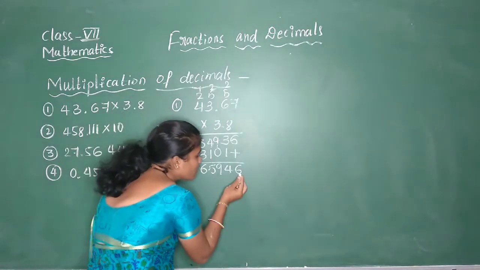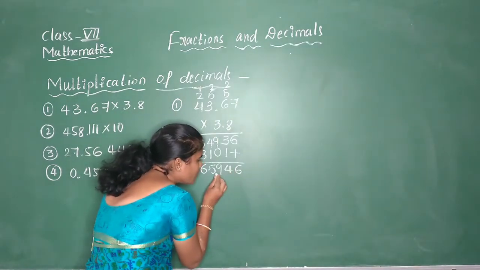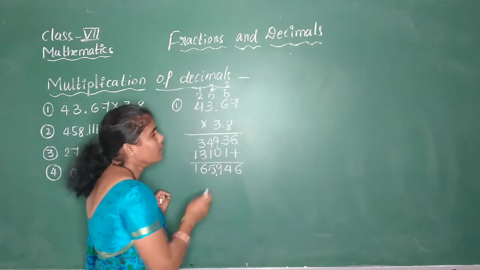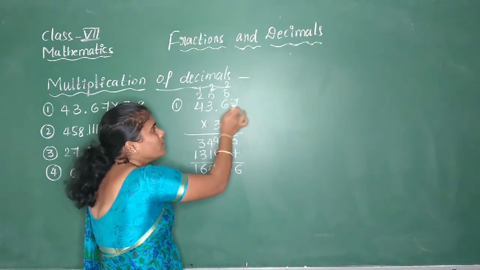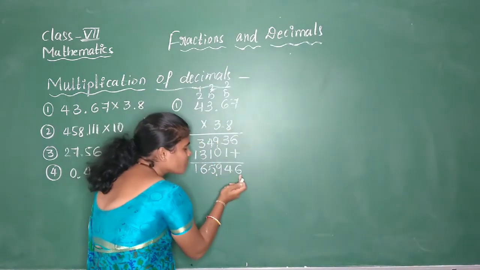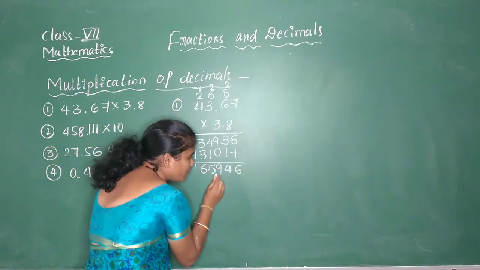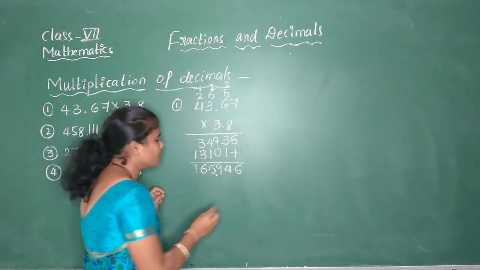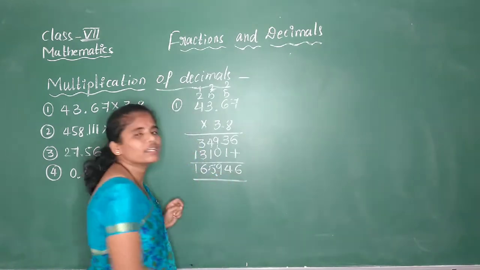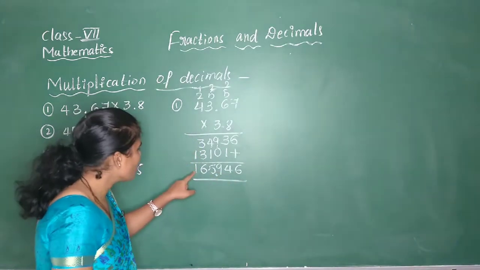So here, before 3 digits we have to put the point. Then we got the exact answer.